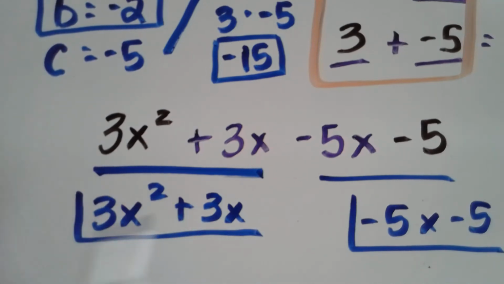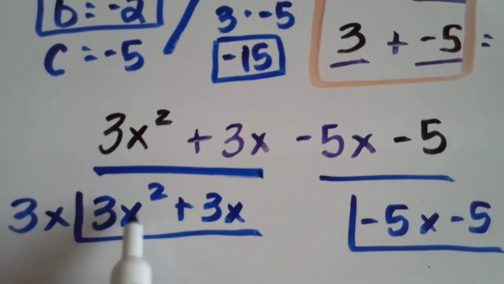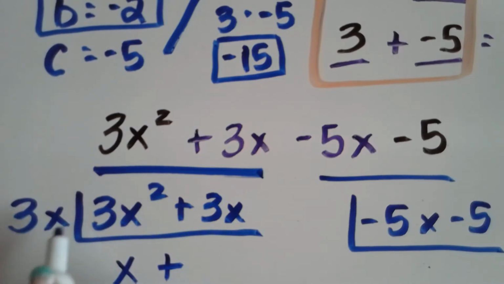I'm seeing that they have a 3 in common, and an x in common, okay? So now we're going to divide. So 3x squared divided by 3x. So 3 divided by 3 is 1, and x squared divided by x leaves us with an x. Plus 3x divided by 3x is going to be 1, okay?